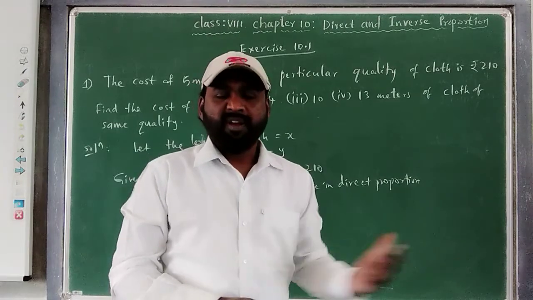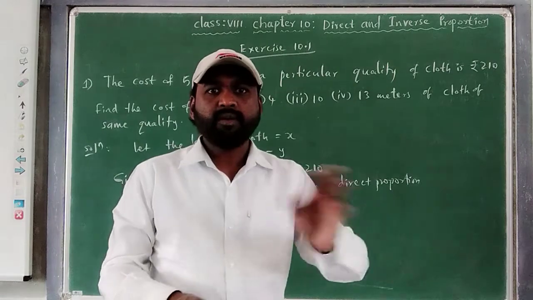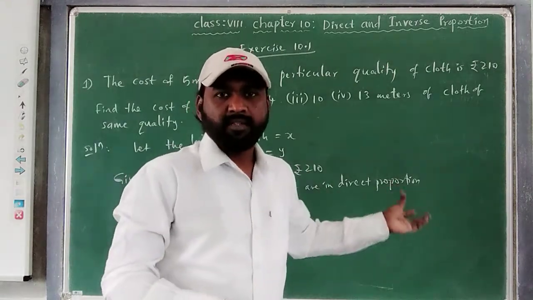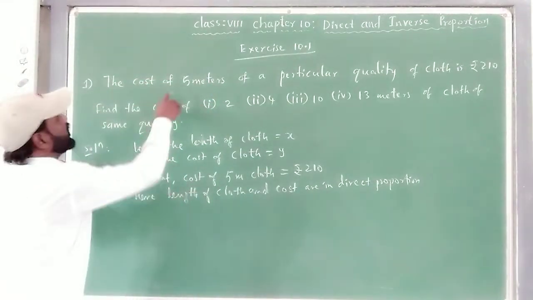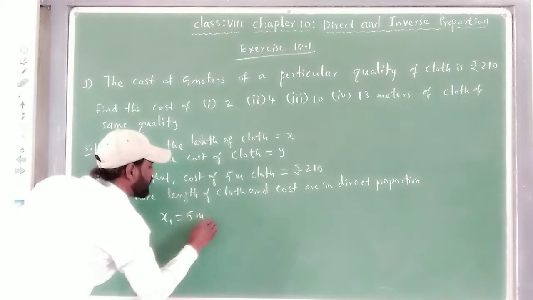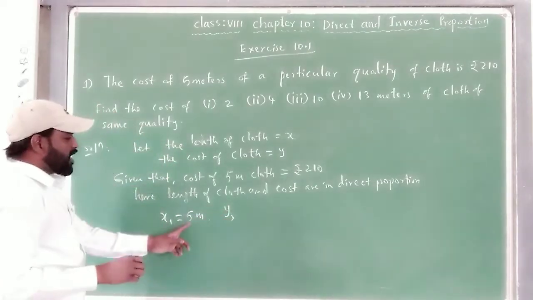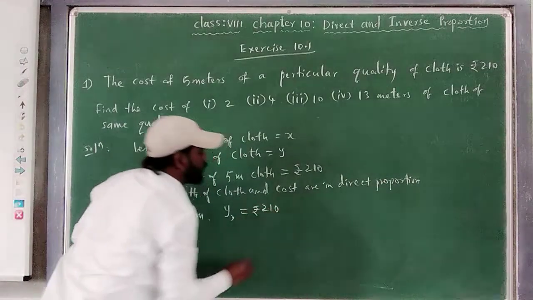As I told you, when the two quantities are in direct proportion, in order to find the representative values we have to remember a formula. Just now we discussed x1 by y1 is equal to x2 by y2 when the two quantities are in direct proportion. Here x1 is 5 meters, y1 is the cost of 5 meters cloth, rupees 210.